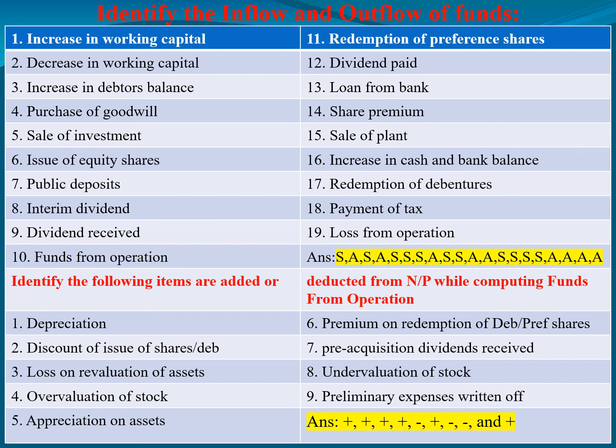You just think of the trading account and its effect on net profit. If the net profit increases because of the overvaluation, now we have to reduce it, so we have to minus. If the net profit decreases, we have to increase it. For that we have to add it.